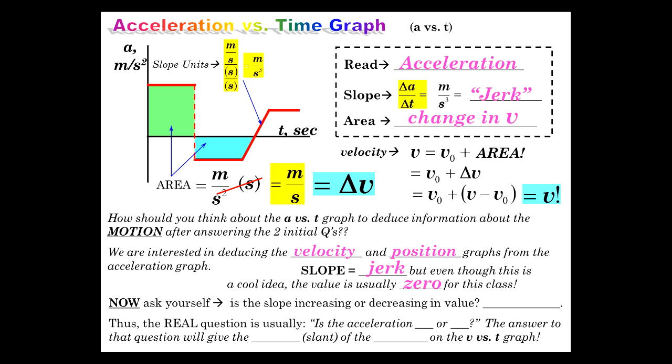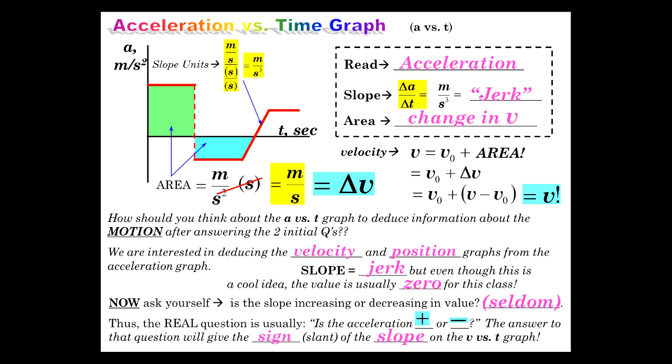Anytime you crash into something, anytime you push off the floor and you're walking, you are having some continuous jerking going on. I didn't call you a jerk. I just said you are jerking. Okay. Now, is the slope increasing or decreasing in value? Well, you can analyze that, but I'm going to just say seldom. That usually is not something we have to worry about. Usually what we have to worry about is the acceleration plus or is it minus, positive or negative.